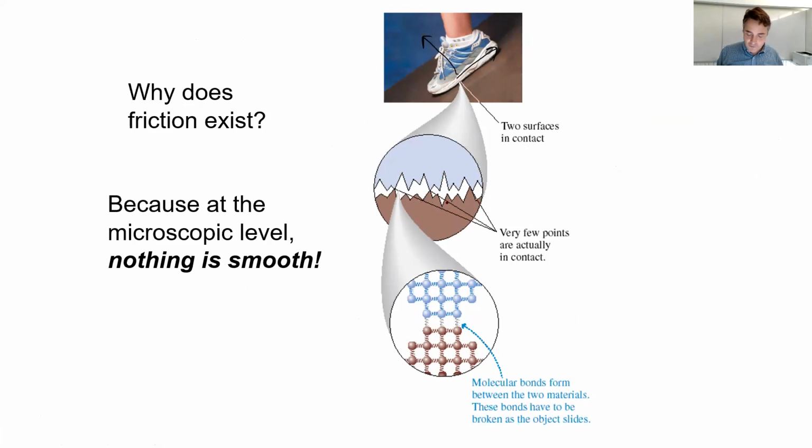And even the surface of the wood, even if it's polished, would have all these little mountains and valleys. You can actually get little molecular bonds that form between the two materials. This is represented as little springs. If you slide an object along, you have to break these bonds, or the actual things have to crash into each other, and you can smooth something out if you rub two surfaces together. Again, that's due to the friction.